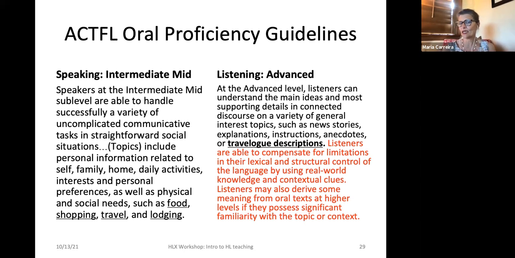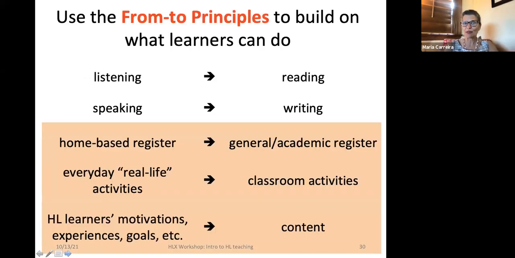They compensate for limited lexical and structural complexity by using real world knowledge. So if we're talking about travel, we can bring in information that they have about their country of heritage, and then we can use that in addition to the first speaking activity to help them listen at the advanced level and understand something that's much more complex than what they can produce speaking, right?